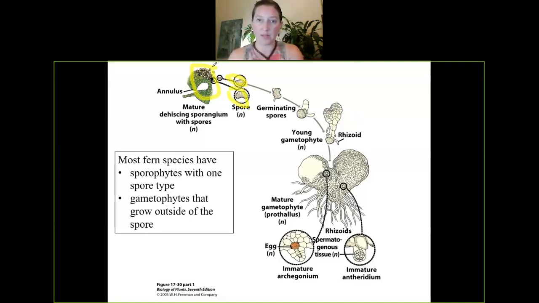They're all the same spores. So the ferns have sporophytes that make one spore type. And the gametophytes that grow out of those spores grow outside of the spore. So here's that spore down here, and look, the gametophyte plant is growing outside of it.